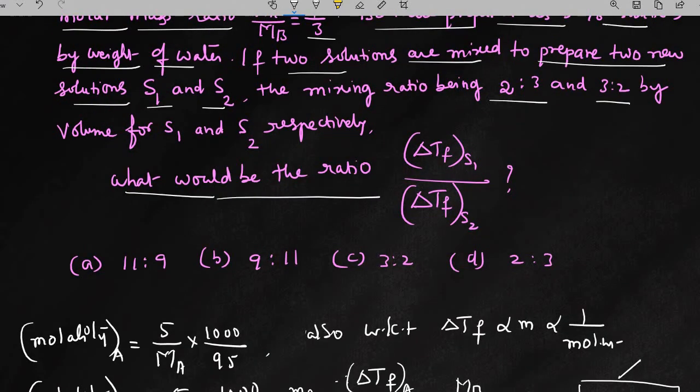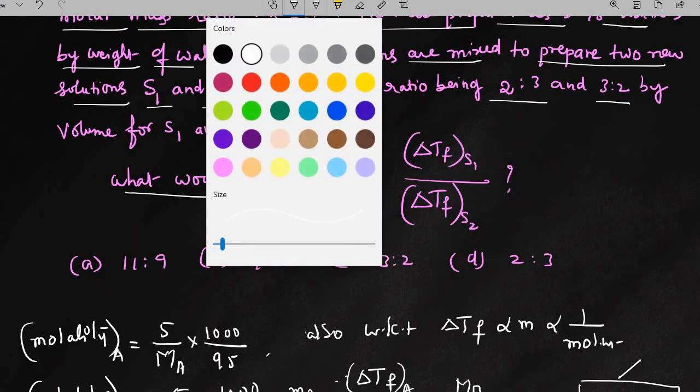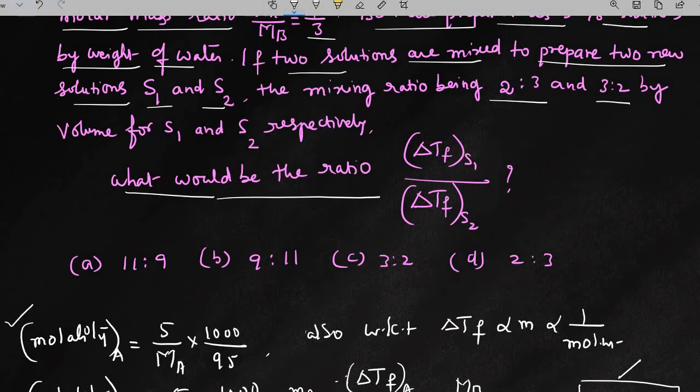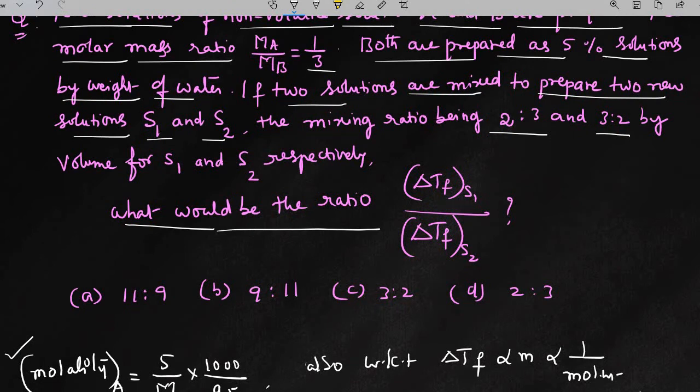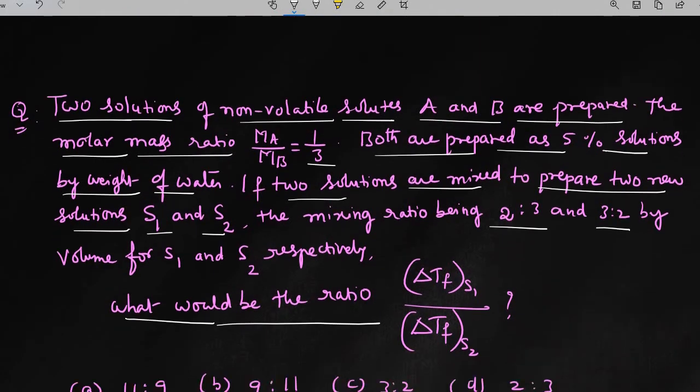See, the first point is very clear. Here we calculated the molality of solution A, that is weight by molecular weight of A into 1000 by 95, because 95 grams of water and 5 grams of solute are there, as they are given as 5% solution by weight of water.